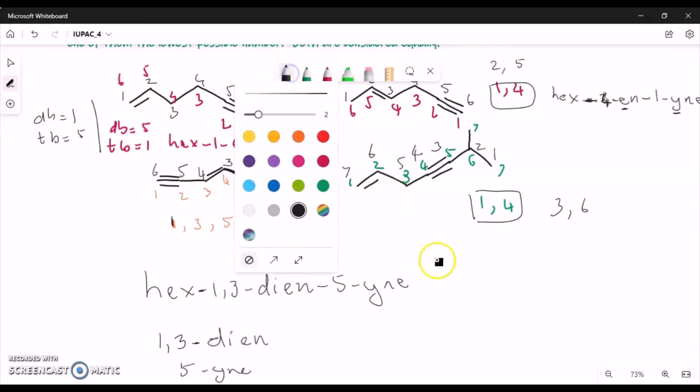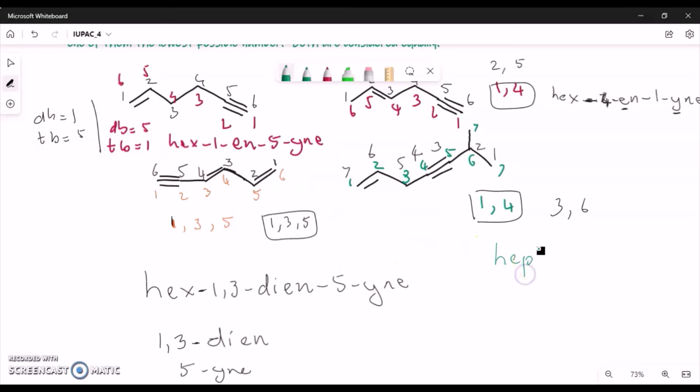So the name of the compound is going to be, again, hept is the parent name, heptane. And I will put 1-ene because the double bond is at position 1 and 4-yne. So what do we have to think about when we are naming these?